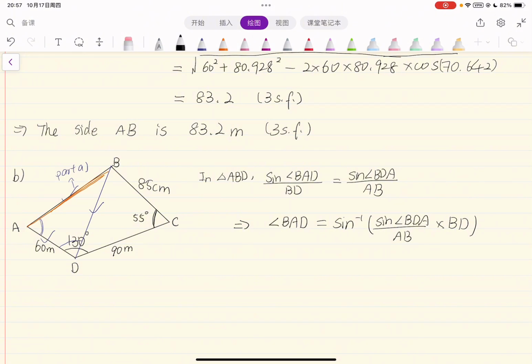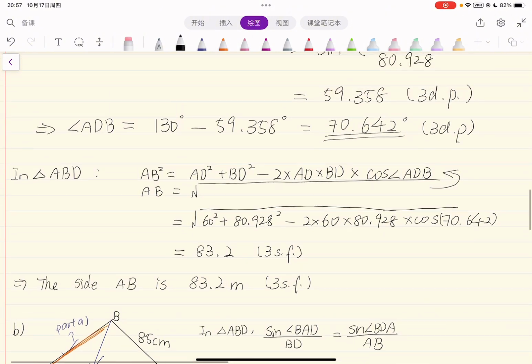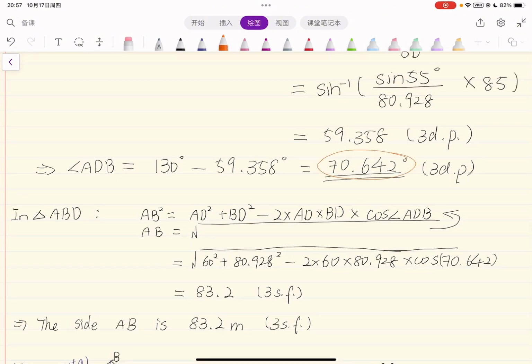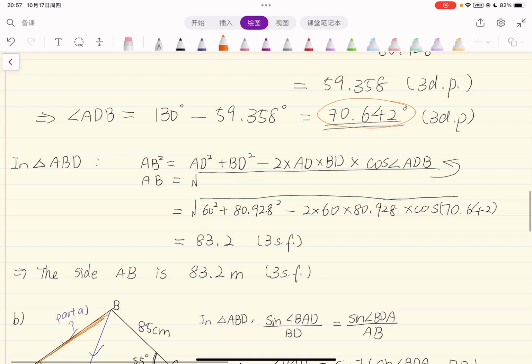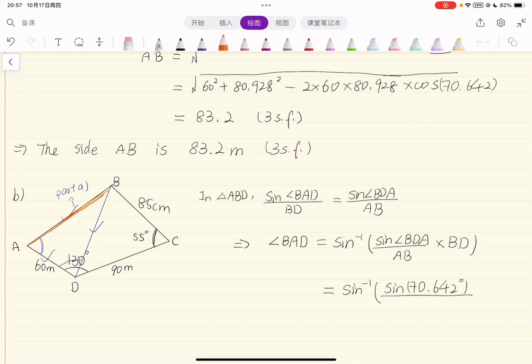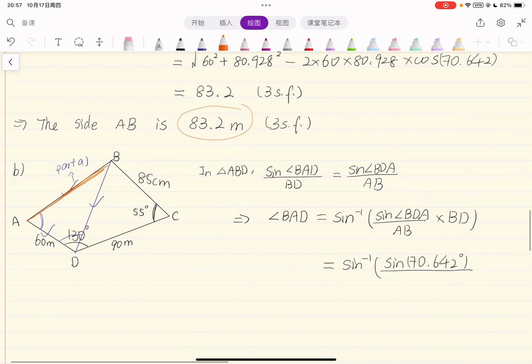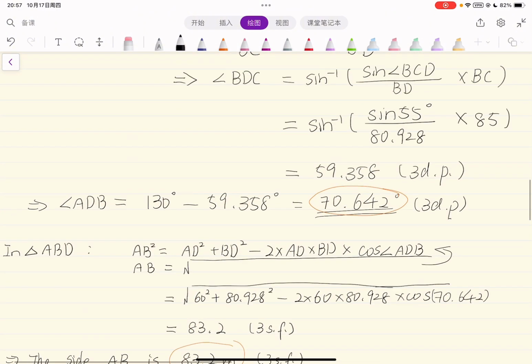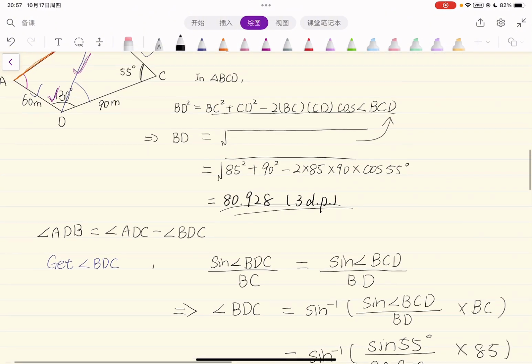And then we substitute values into this equation. We have sine minus 1 bracket sine the angle BDA we got from part A over here. So it's sine 70.642 degrees over AB, that is 83.2, times BD, let us find that, it's over here.